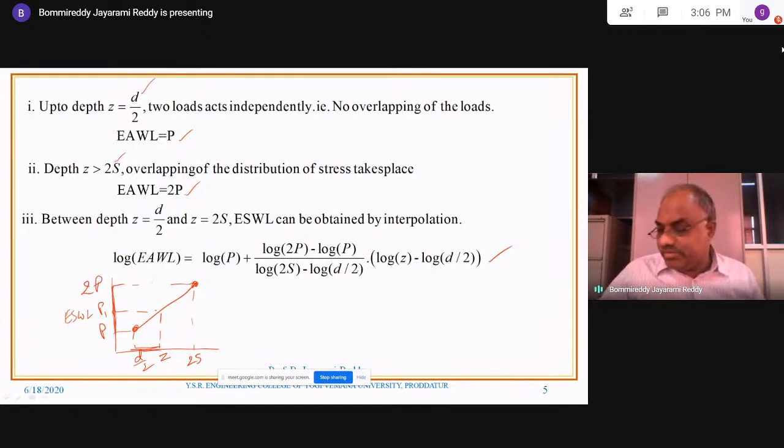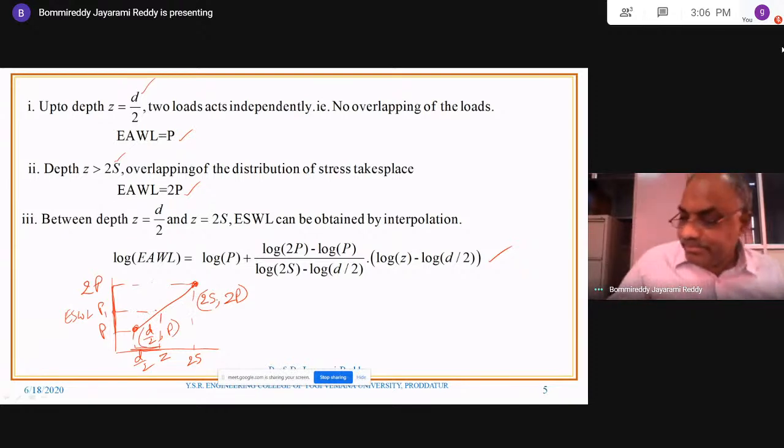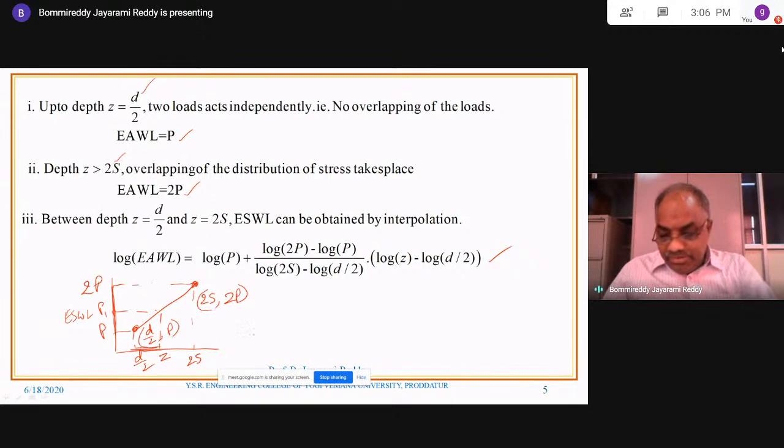Always try to understand by means of the curve. This has 2s horizontal and 2P coordinates, whereas this has the coordinates d/2 and P. While computing any intermediate values, use log terms for various parameters, so that you can find out the equivalent single wheel load.